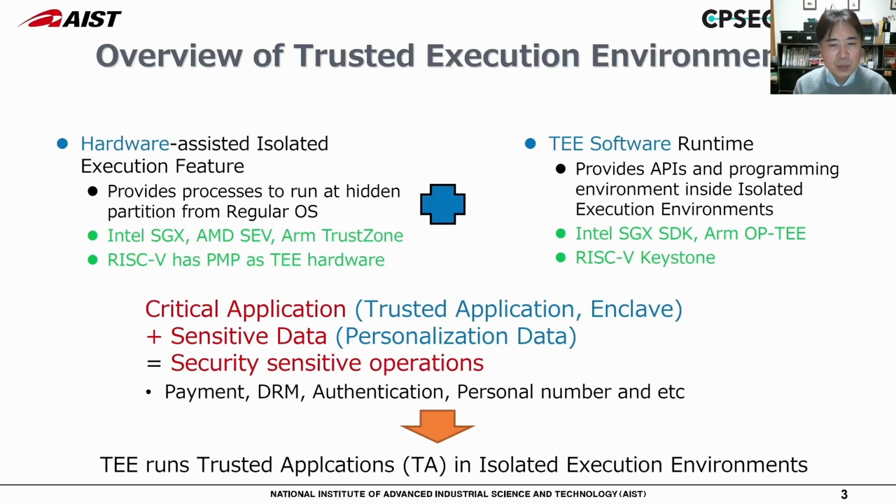What TE provides is the ability to run a trusted application, which is typically the term used on ARM, while Enclave is typically used on Intel or RISC-V, but both are applications to handle critical sensitive operations. Another thing is personalization data. With these two, we are able to provide security sensitive operations with the TE feature on the hardware and the API and SDK from the software.